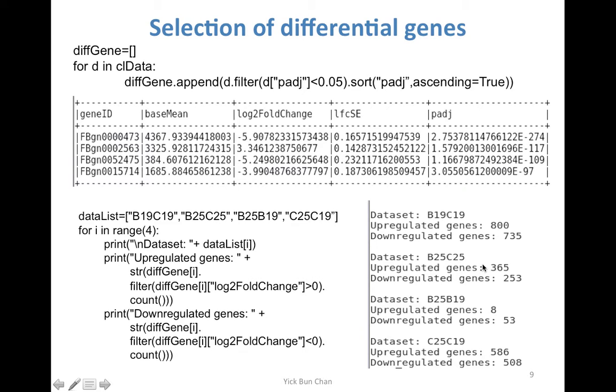It looks like bully raised at 25 versus bully raised at 19 degrees has the smallest number of differential genes. It fits our prediction since bully is an isogenic line, which means every individual fly is genetically identical. So I should see the minimum number of differential genes.